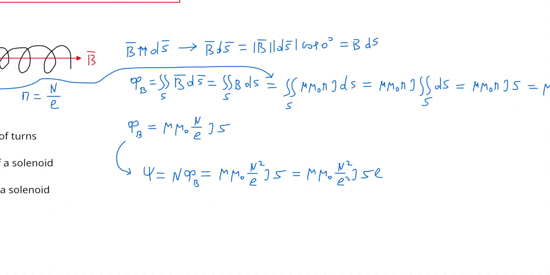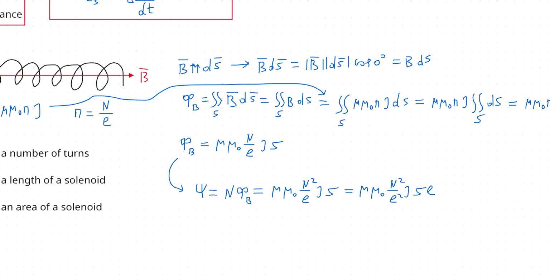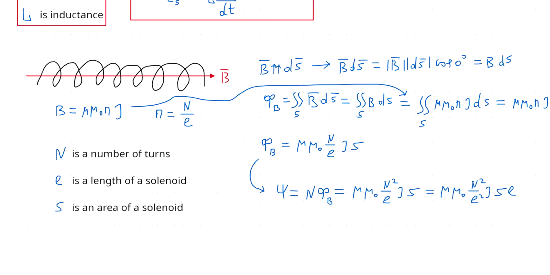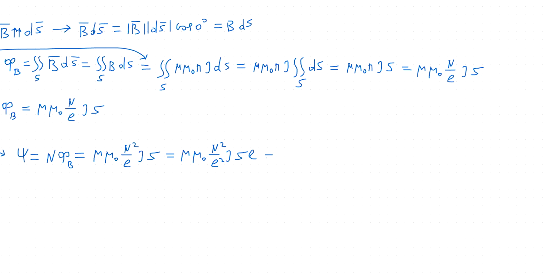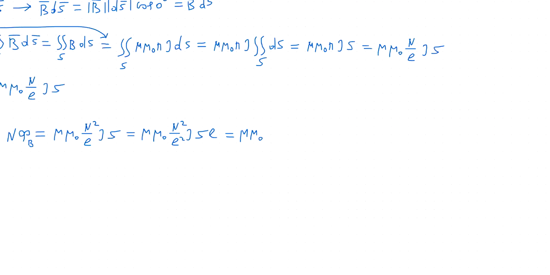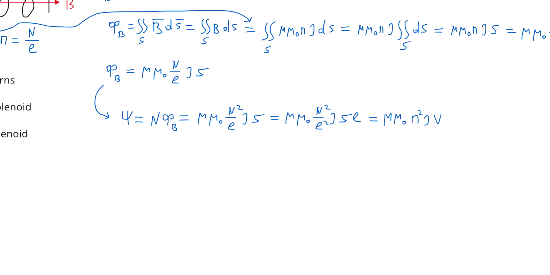Area multiplied by L is equal to the volume inside the solenoid. So mu0 n, where n is N divided by L, I V, volume V. So this is the flux linkage.